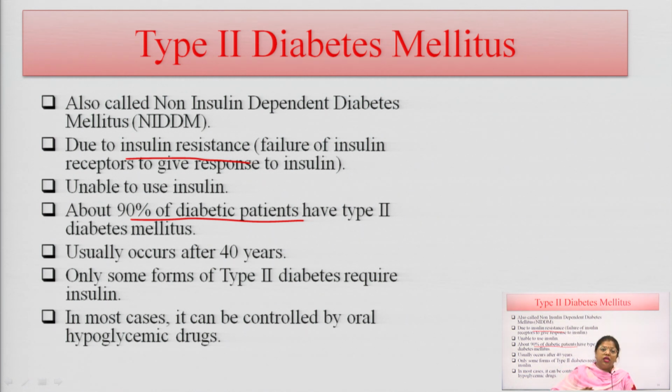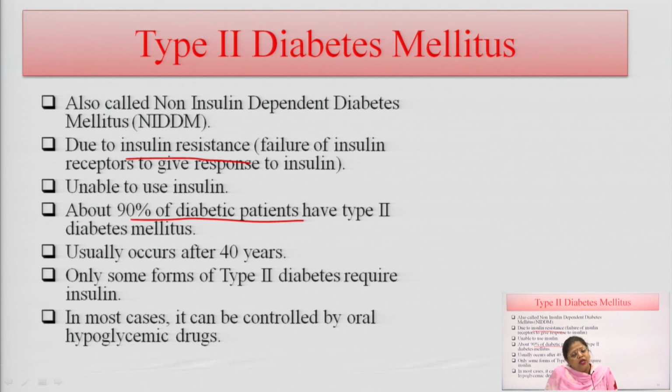In this type of type 2 diabetes mellitus, mostly oral hypoglycemic drugs are helpful, like glibenclamide, tolbutamide.